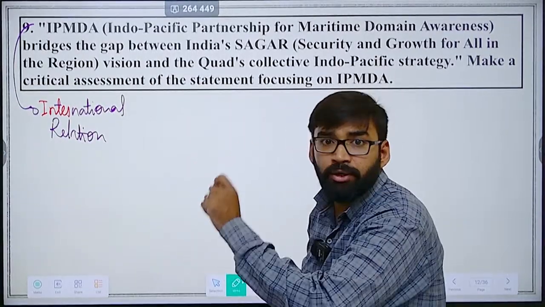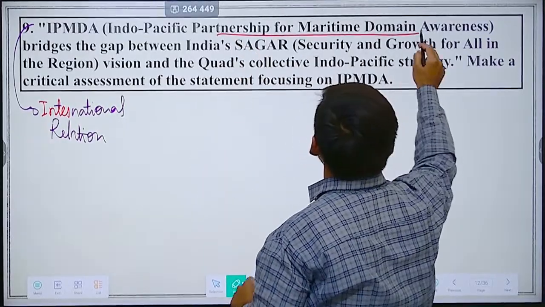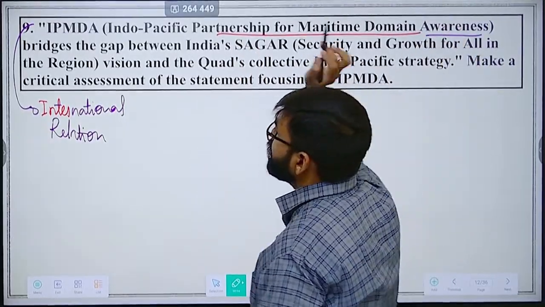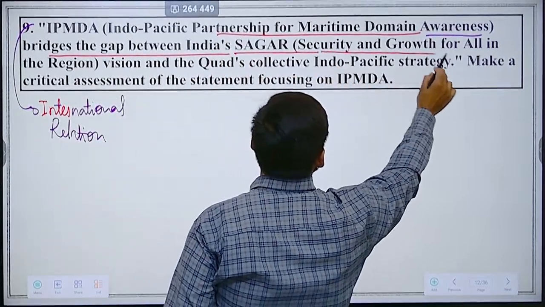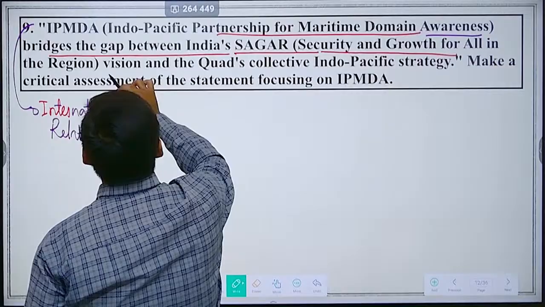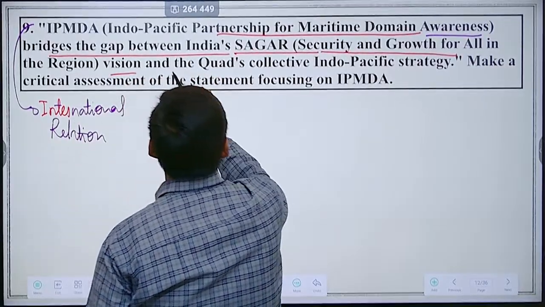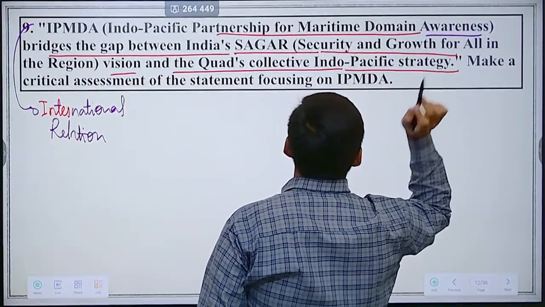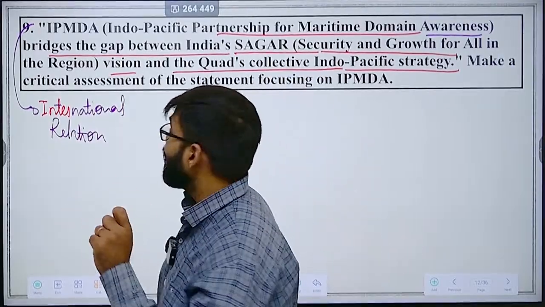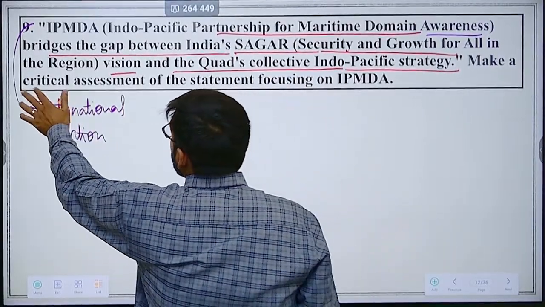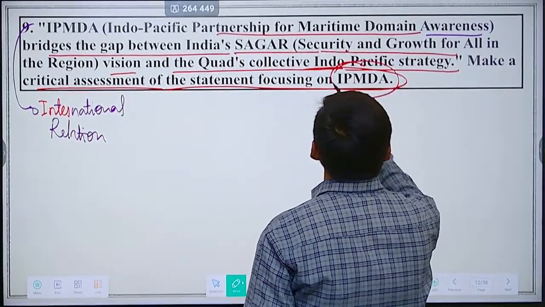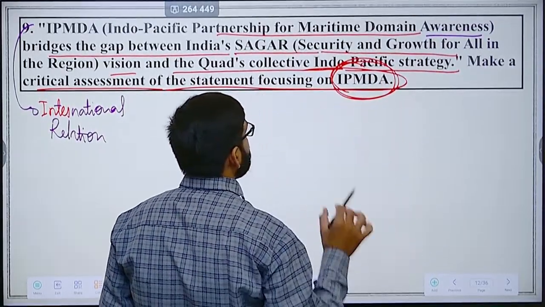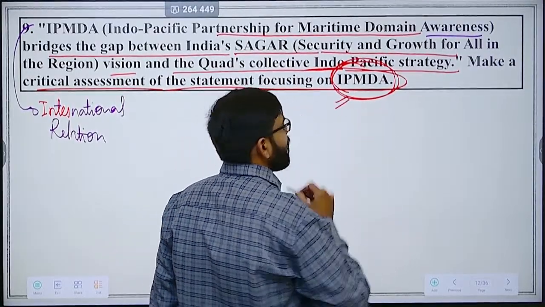IPMDA, Indo-Pacific Partnership for Maritime Domain Awareness, bridges the gap between India's SAGAR, that is Security and Growth for All in the Region, India's vision, and Quad's collective Indo-Pacific strategy. Make a critical assessment of the statement, focusing on this IPMDA.